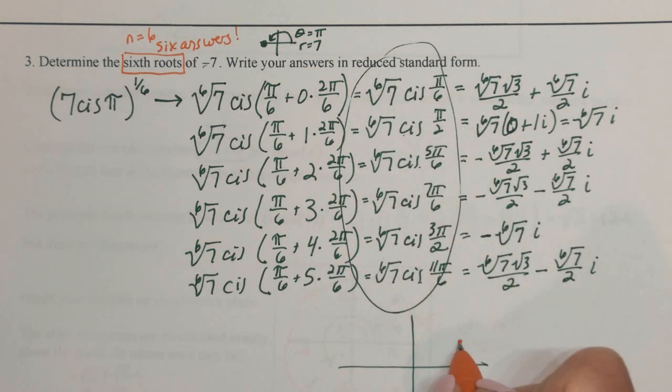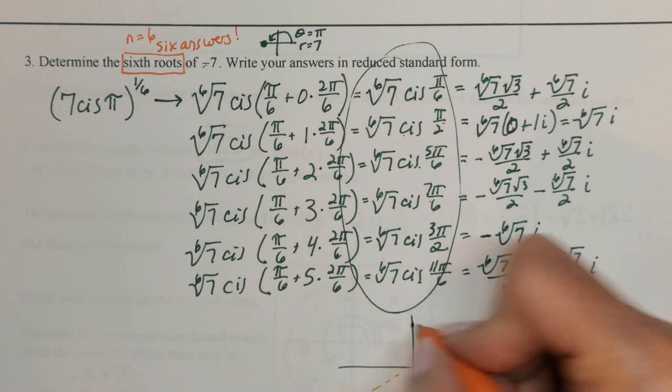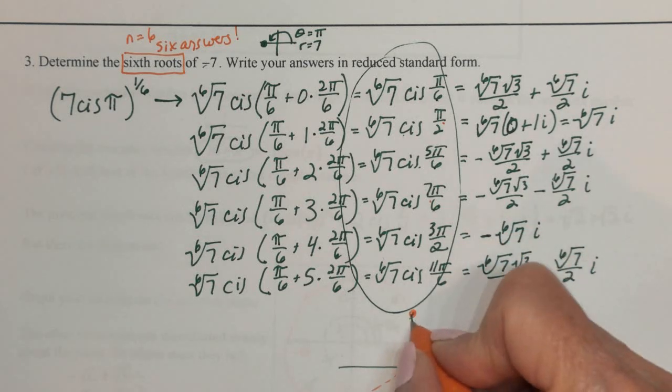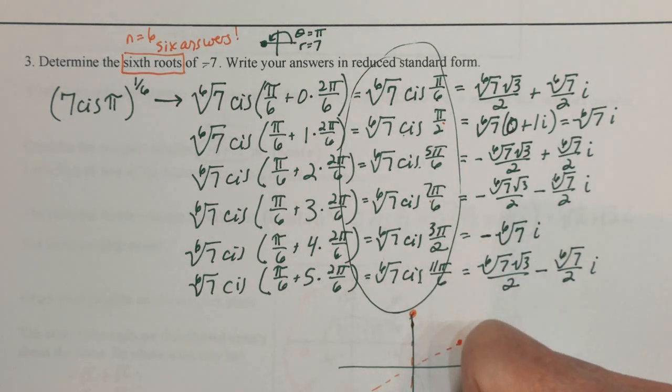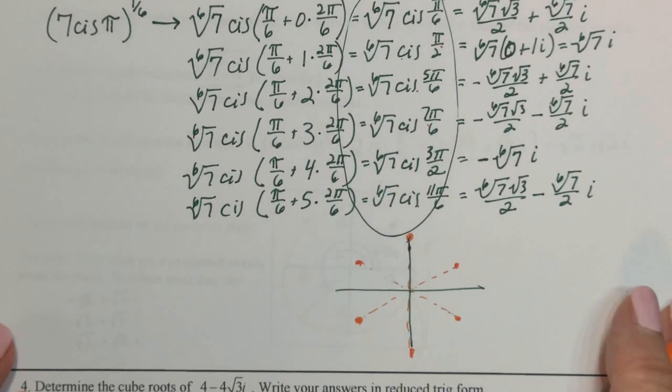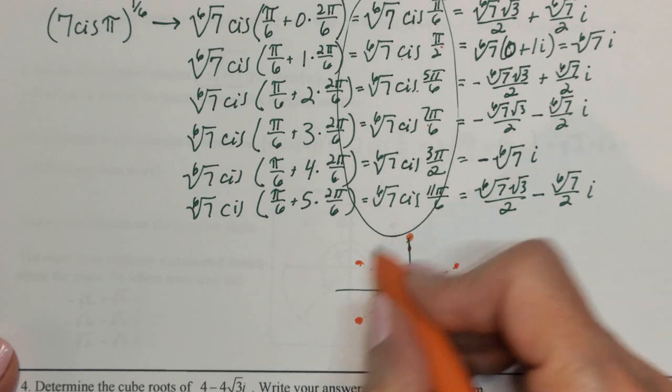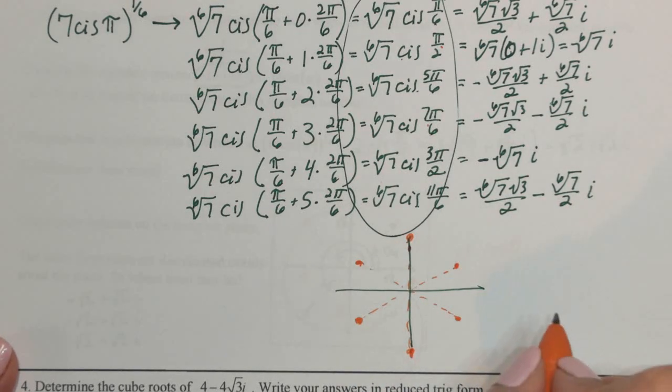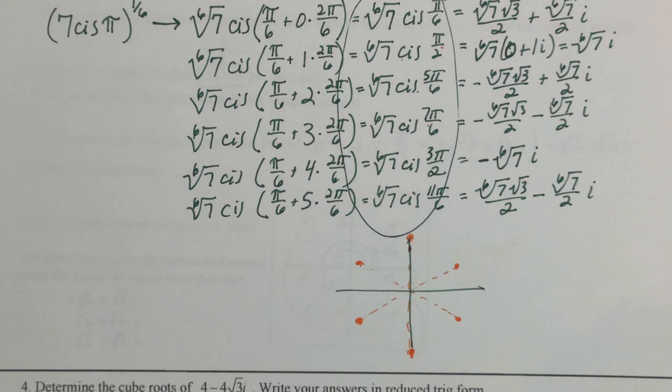So pi over 6, and then we have 7 pi over 6, pi over 2, and 3 pi over 2, right? 5 pi over 6, and 11 pi over 6. Do you see how those are evenly distributed around the plane?